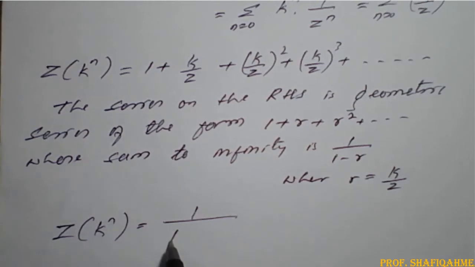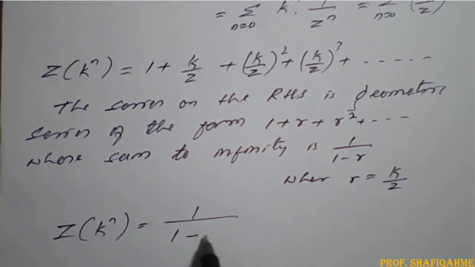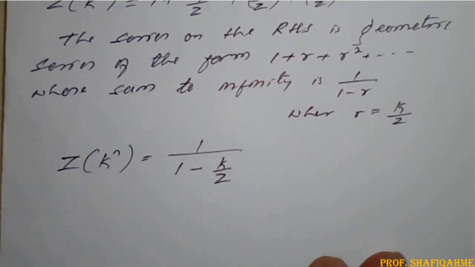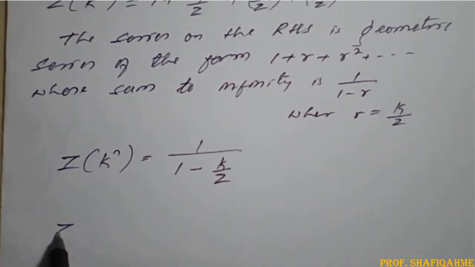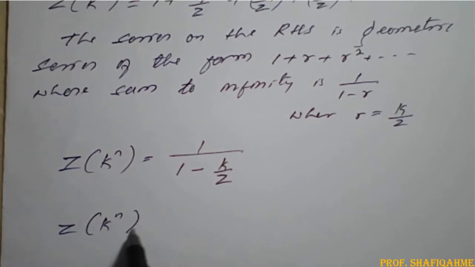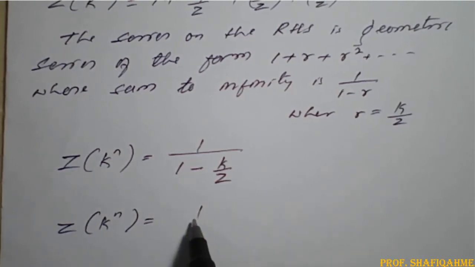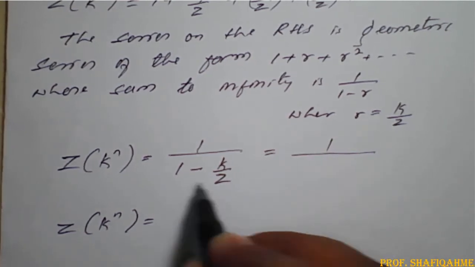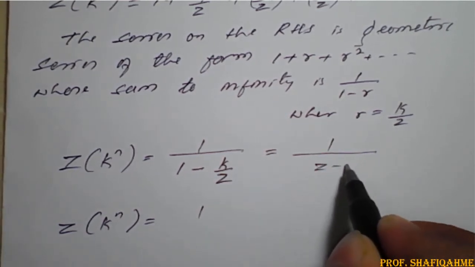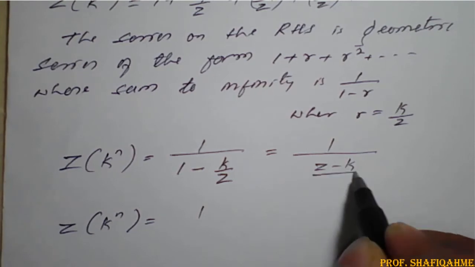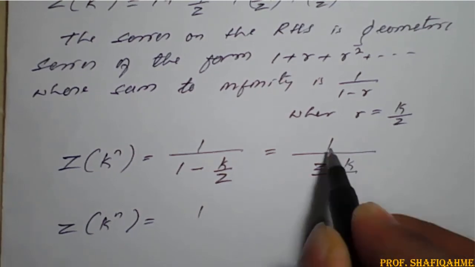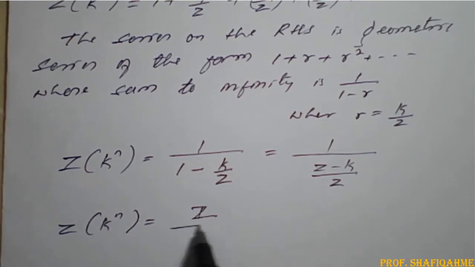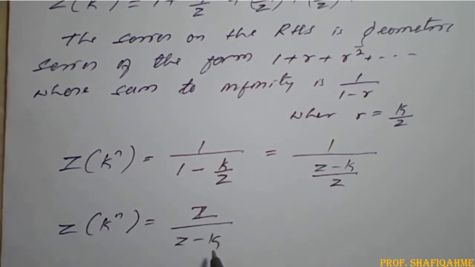So it is 1 upon 1 minus k upon z. On taking LCM, the Z transform of k raised to n is equal to 1 divided by (z minus k) divided by z. This z will go up, so we get z divided by z minus k.